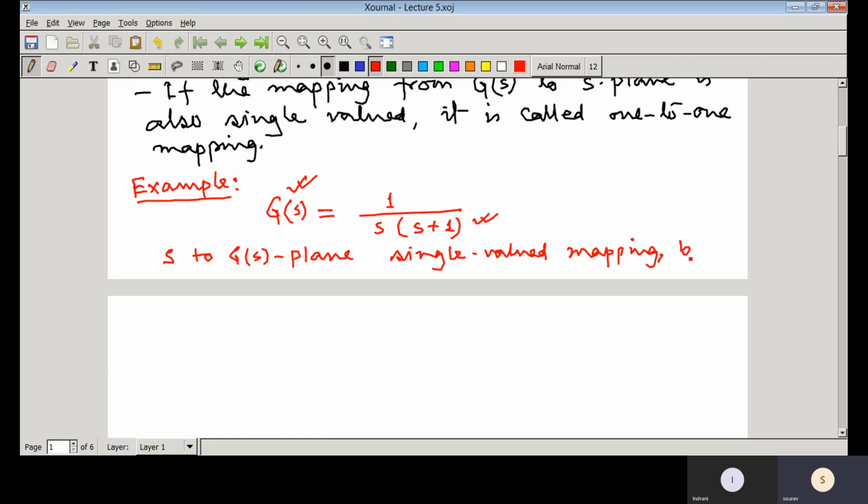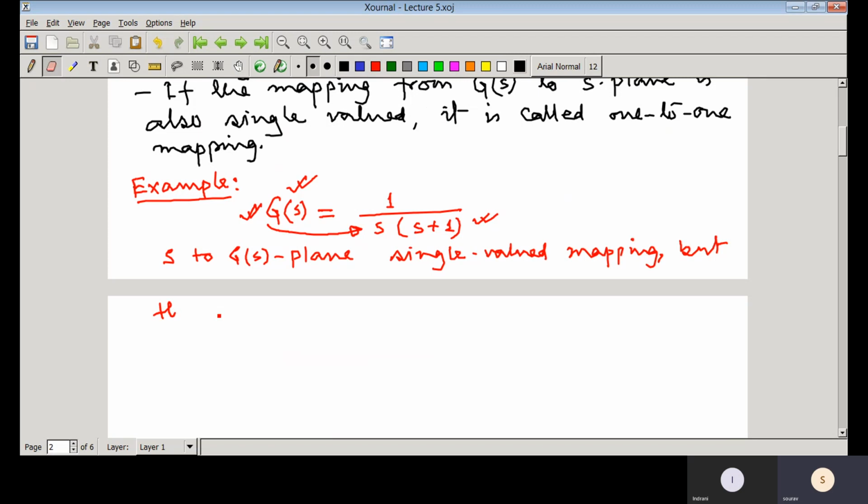But for the reverse one, if you take a value of G(s), you need to find the corresponding value of s so that you will get this G(s).